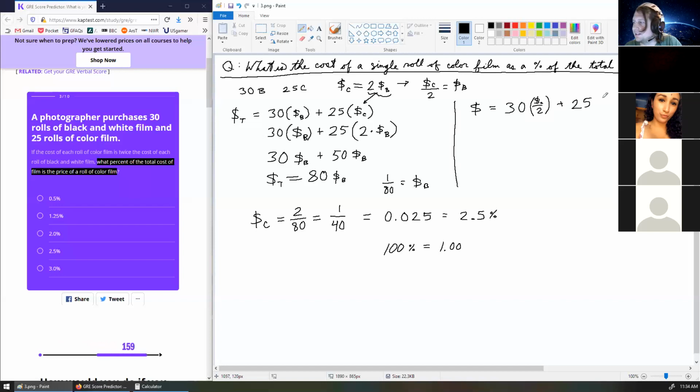So 15 cost of C plus 25 cost of C equals 40. So the total equals 40 rolls of color.